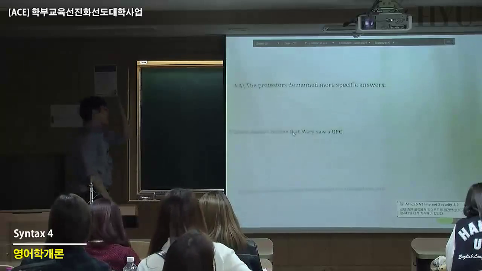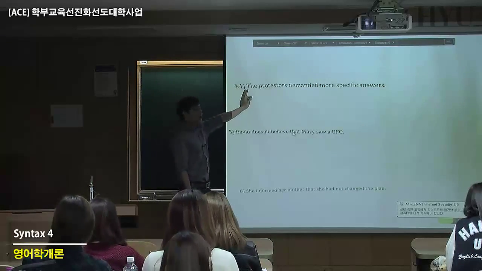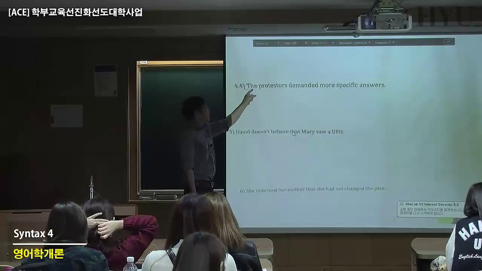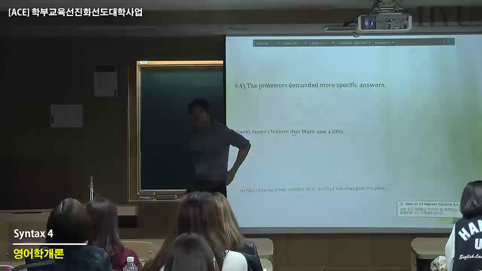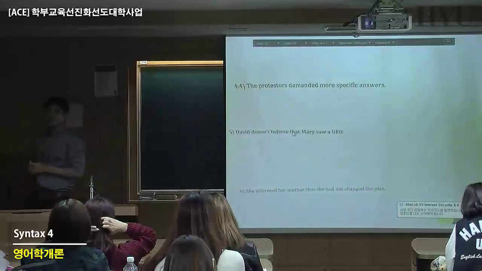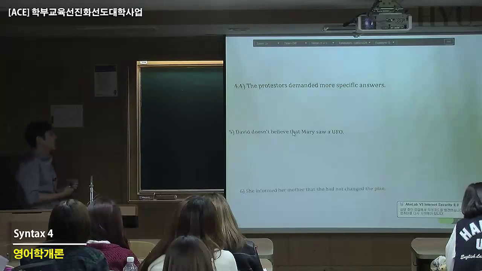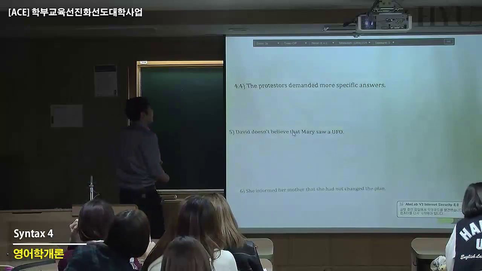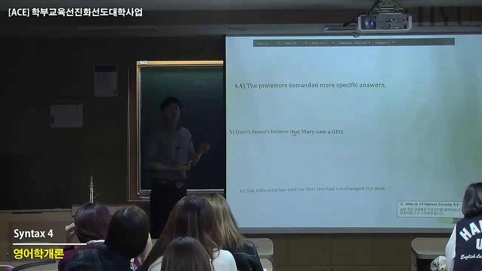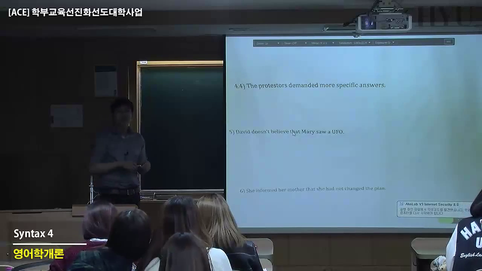First, we have to think about what two interpretations we can get from this. 4.4: The protesters demanded more specific answers. What might be the two readings we can get out of this sentence? Can you guess? Where's the problem that gives rise to two interpretations?